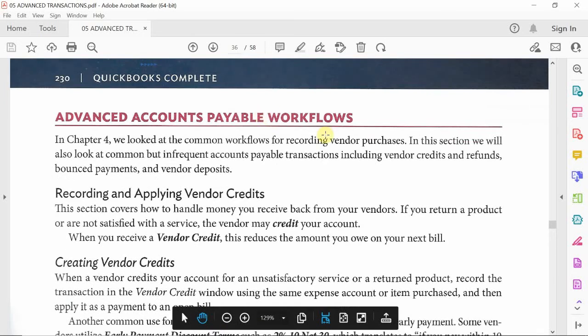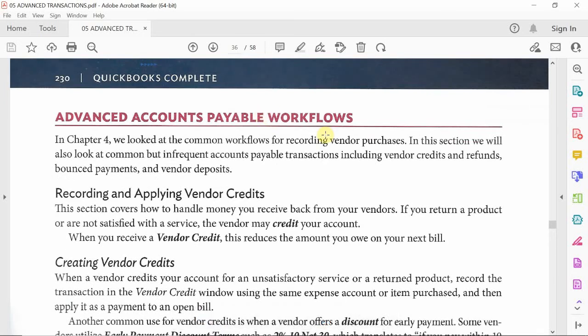So this is going to be dealing with vendors and what to do when you have the ability to receive a vendor credit and/or do a vendor refund, okay? Because oftentimes when we purchase items from our vendors, things will happen, such as maybe they sent us the wrong product, we overpaid the vendor, or there's something wrong with the vendor, or something happened to our vendor.